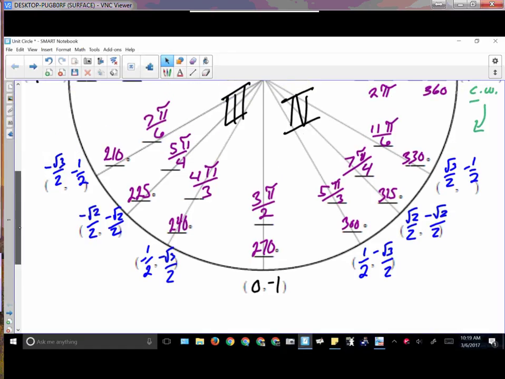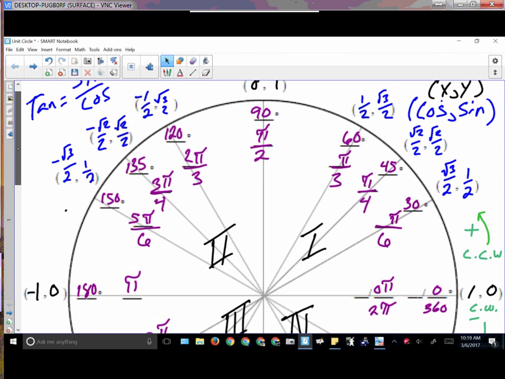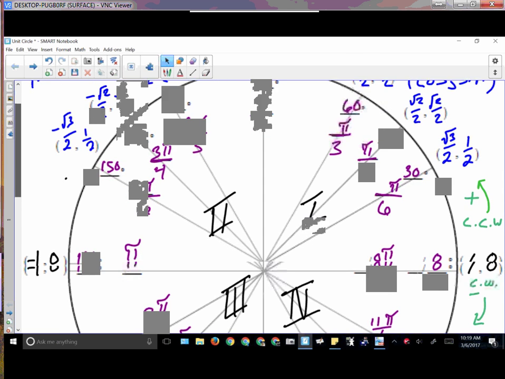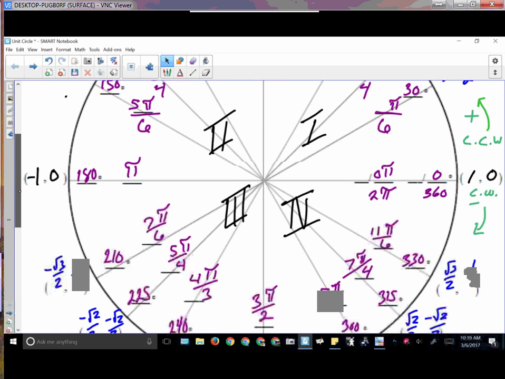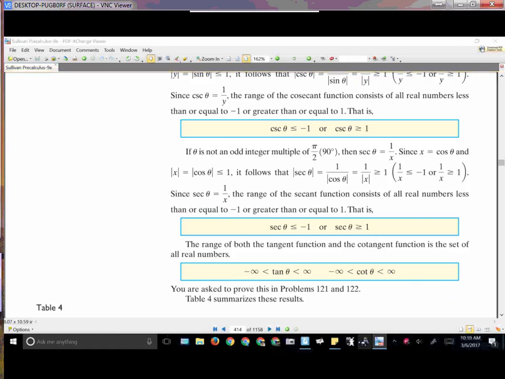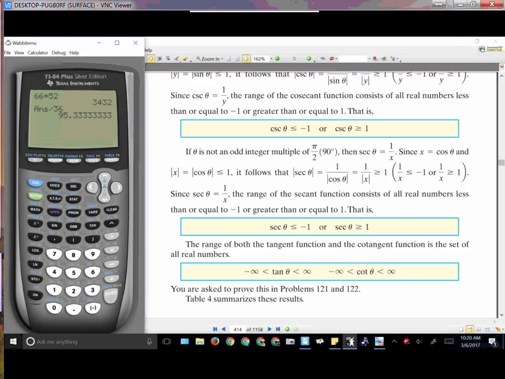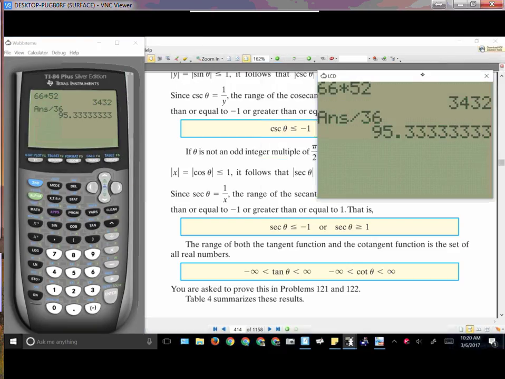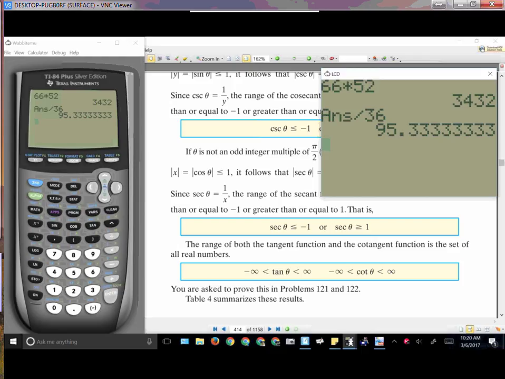Now, quite often it is kind of difficult to understand what is going on with that when we're looking at just this unit circle. So what I want you to do, grab your graphing calculator. And this is going to give us a better idea about what's happening with it.